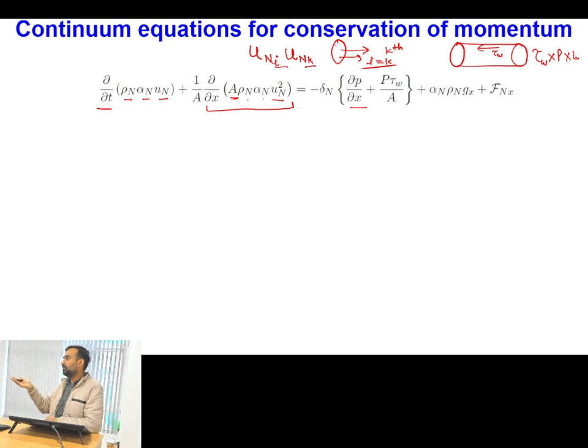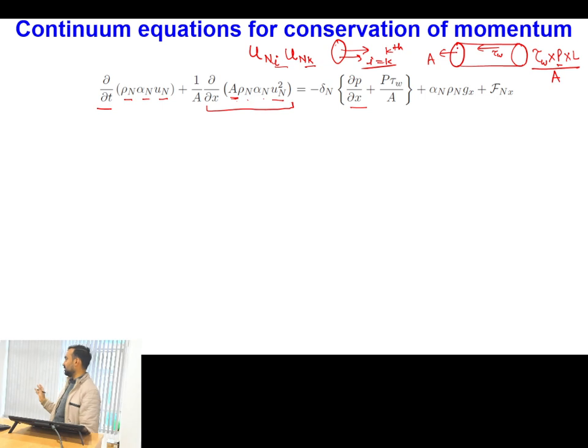For example, if you consider a cylindrical conduit, then the cylinder surface area will be 2 pi r, which is perimeter, into L. In general, because I can have a conduit of any shape, I can write surface area as perimeter into length. And as we are writing these quantities on a per unit area basis, I will divide by A, where this A is nothing but my cross-sectional area.